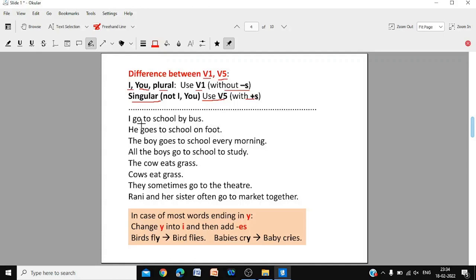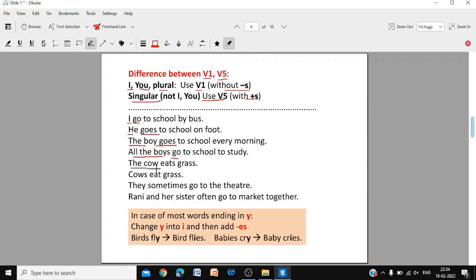See, we have I go to school. Since it is I, we are using V1 form without S. He goes to school. He is singular. We are using V5, goes. The boy goes to school. The boy, singular, use V5 with S, goes. All the boys, plural, use V1 without S, go. The cow eats.